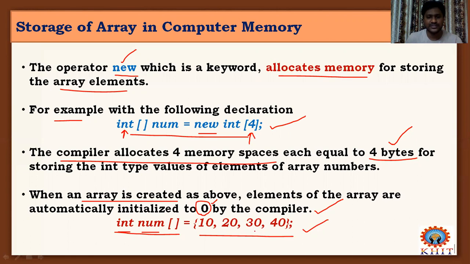When you use this type of representation for initializing the array at the time of declaring, the compiler automatically allocates these 4 values into num's 4 locations. The size is automatically calculated and all these values are initialized individually, and we already saw this concept in the previous video.